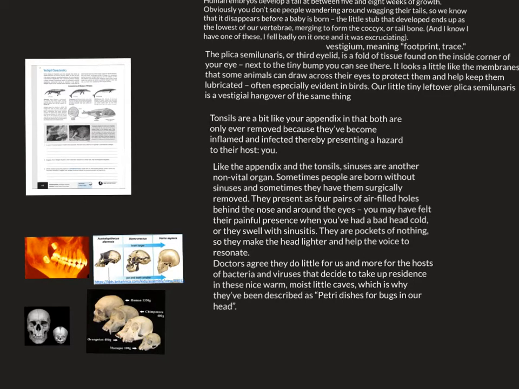Those that had the larger version of the appendix, or the larger version of the tonsils, no longer had an advantage. Those that had a smaller version, less functional one, had an advantage.